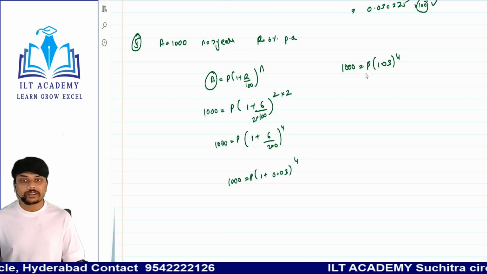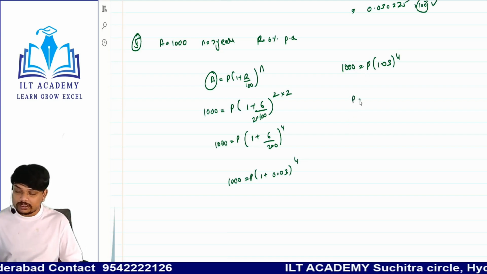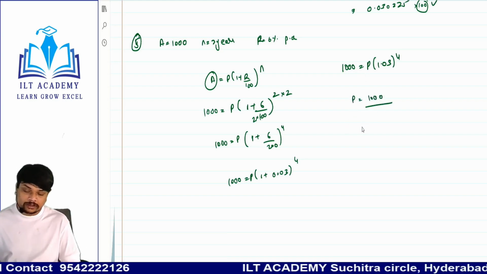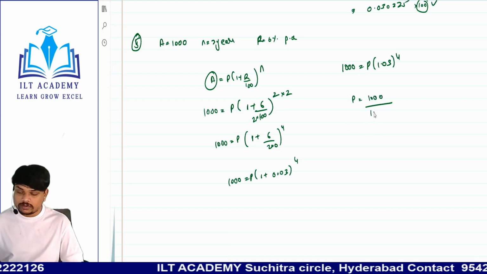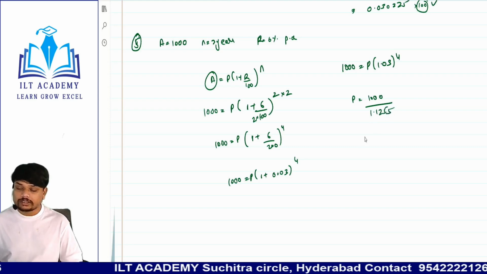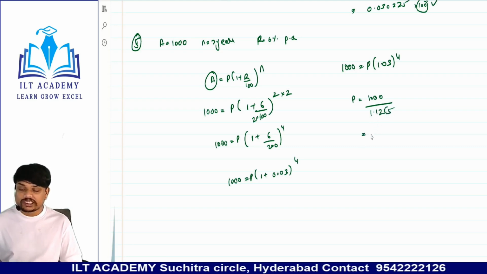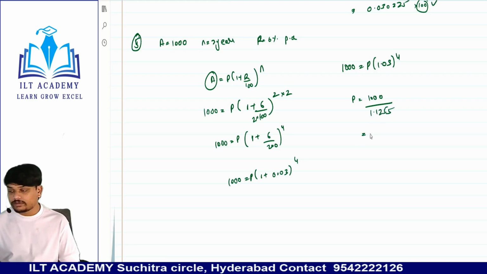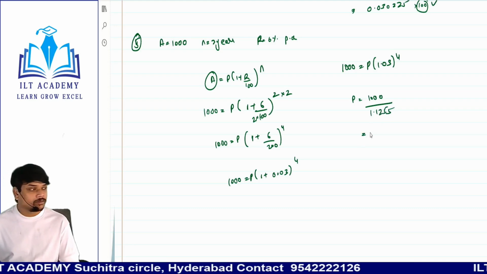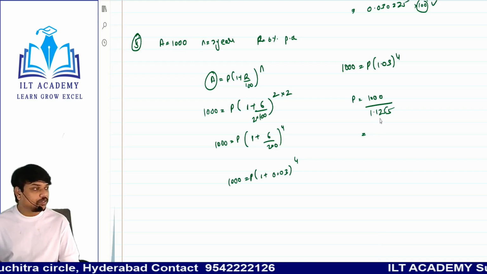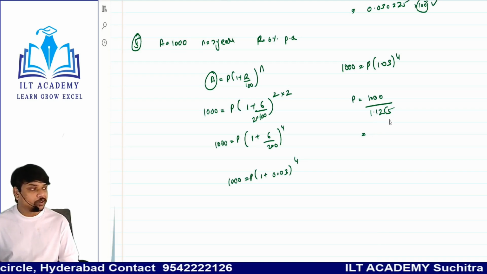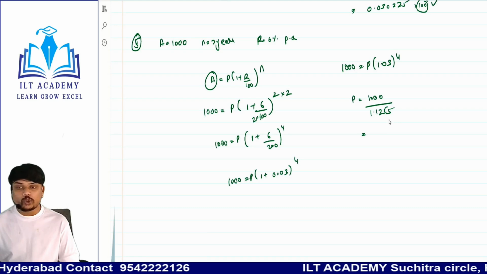How much is 1.03 power 4? So principal is equal to 1000 divided by 1.1255. So how much is 1000 divided by 1.1255?